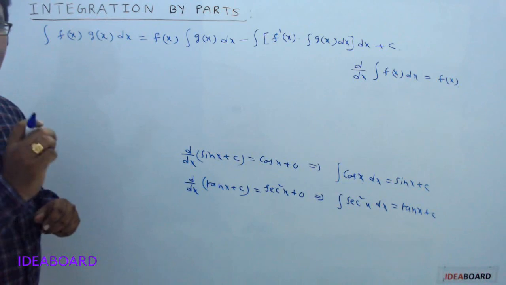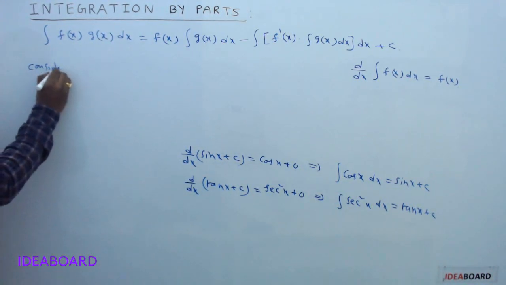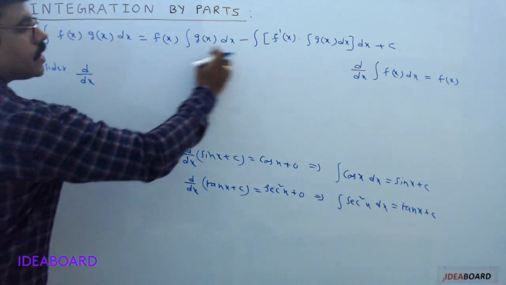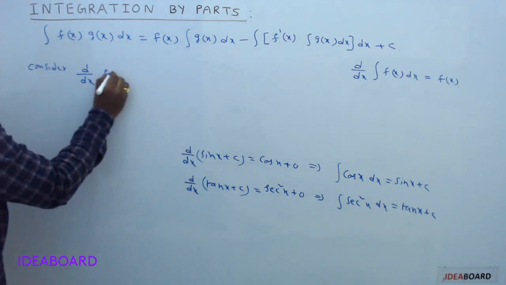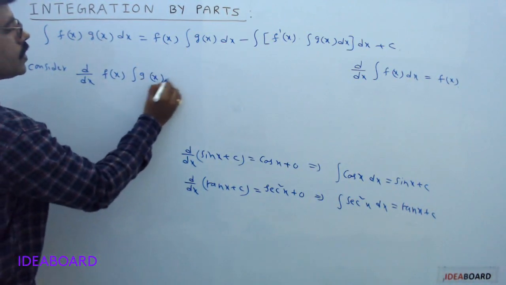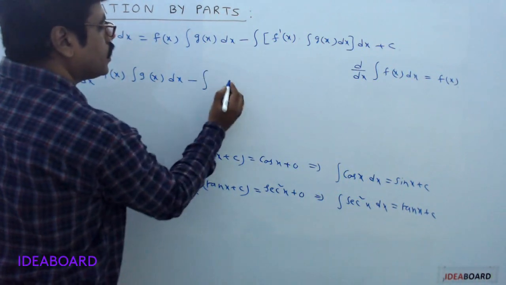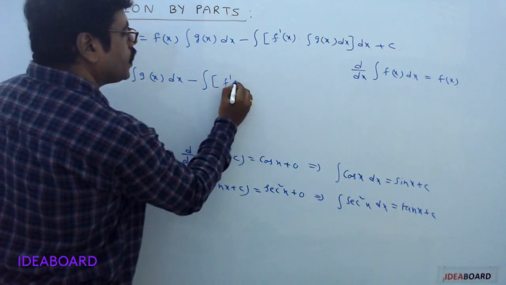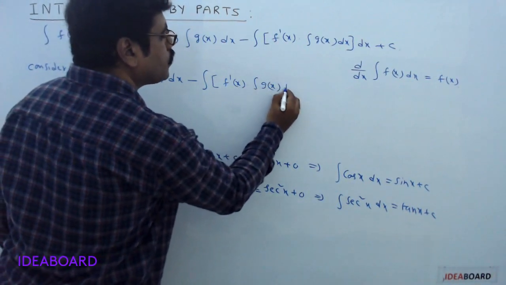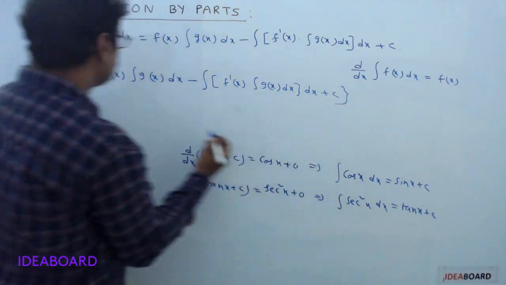For that, I will consider the derivative of this right hand side expression, that is f of x into integral g of x dx minus integral of f dash of x into integral g of x dx into dx plus c.